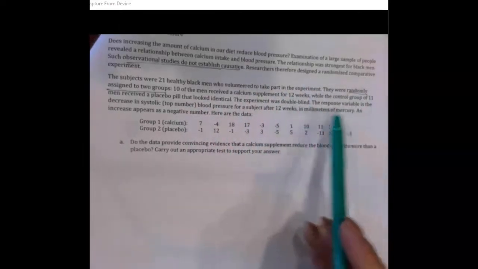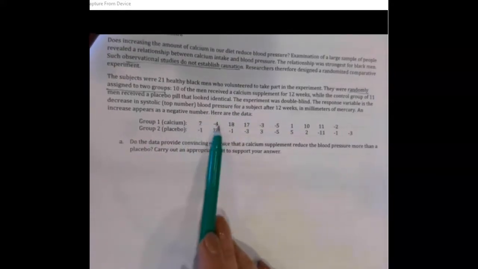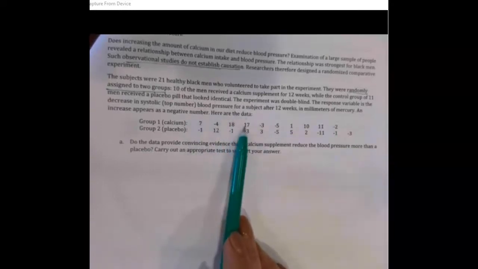The response variable is the decrease in systolic, or the top number of blood pressure for a subject after 12 weeks in millimeters of mercury. An increase appears as a negative number. Here are the data. So group 1, you see that this person's went down 7, this one's went up 4. Down 18, down 17, up 3, up 5, down 1, down 10, down 11, down negative 2.